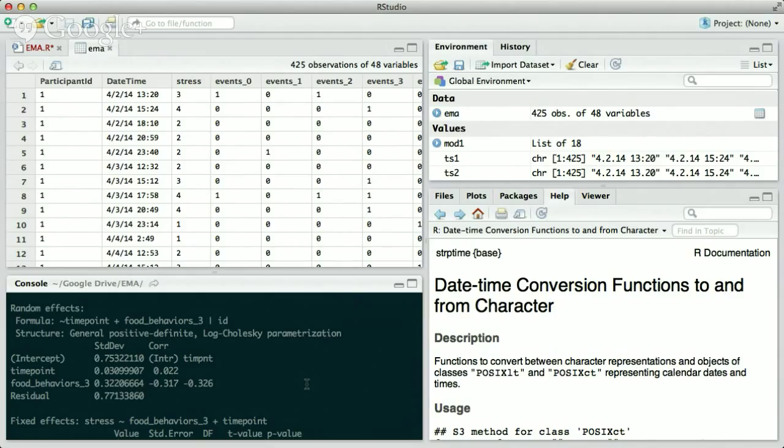Negative values would mean a decrease in your dependent variable. The closer to 0 means that it deviates less from the model's intercept.